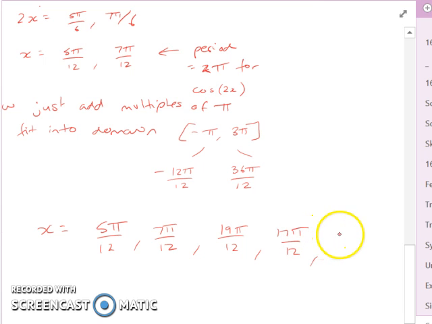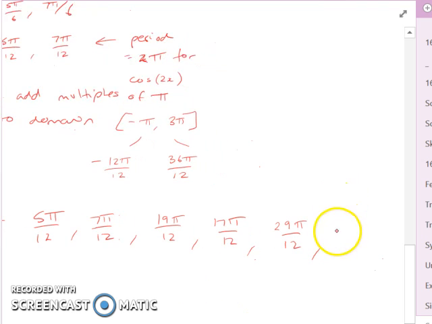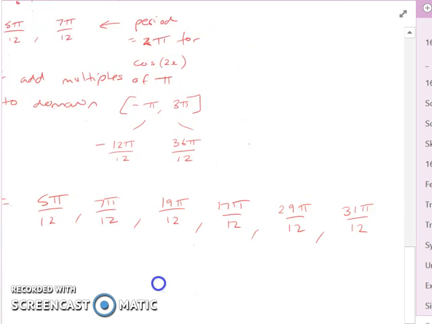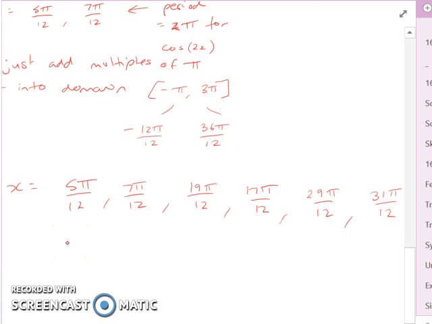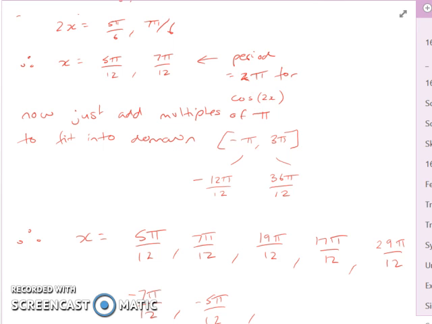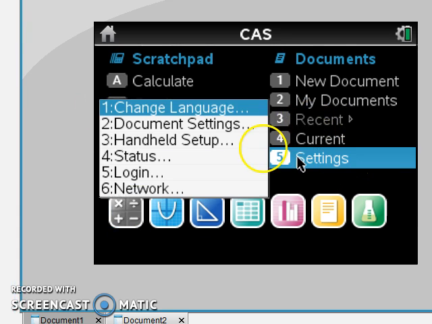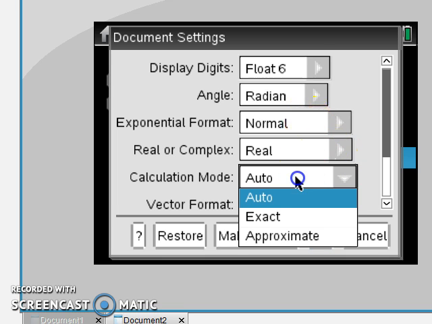Arithmetic slow. So I'm just going to check with the calculator, and I'll try and make it exact values.